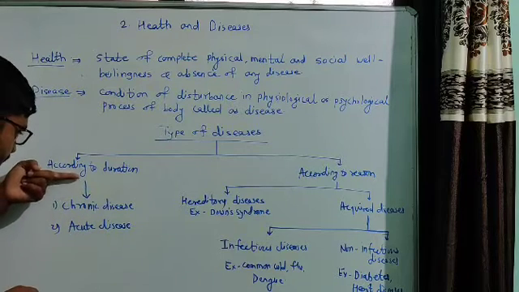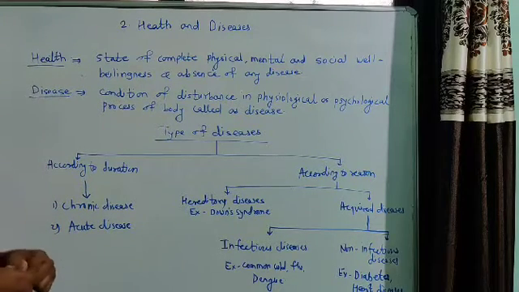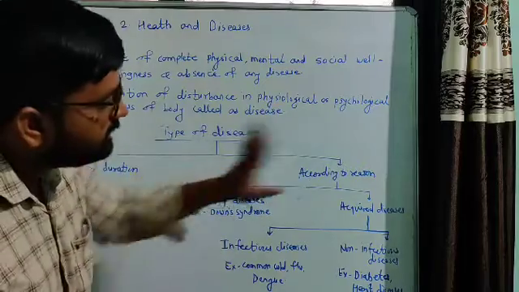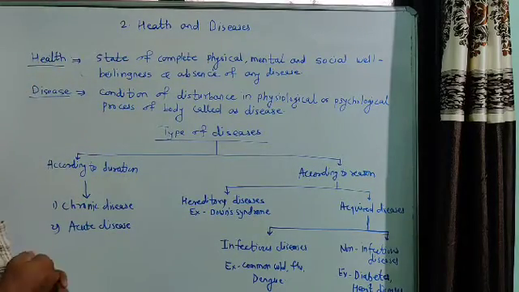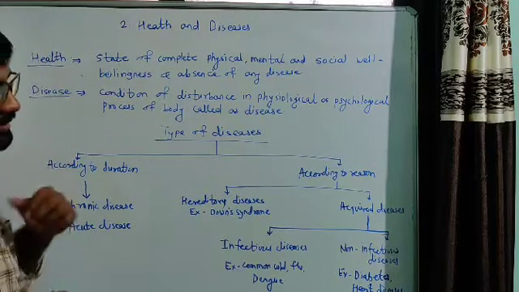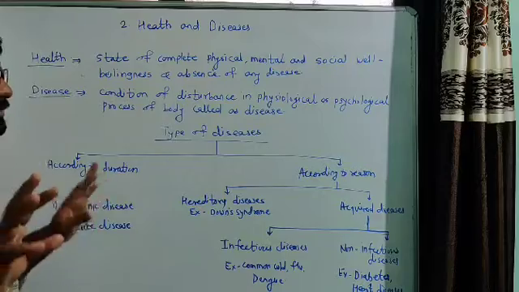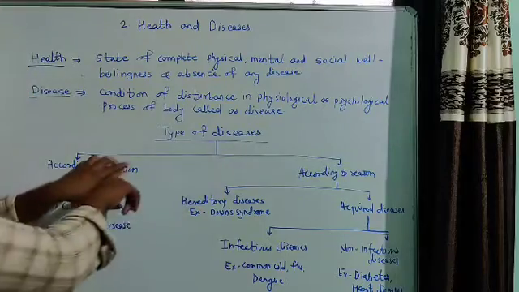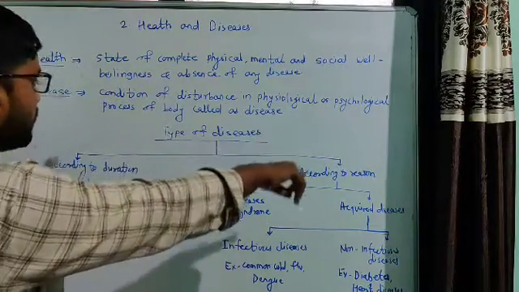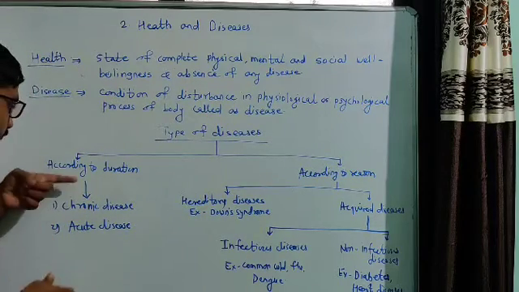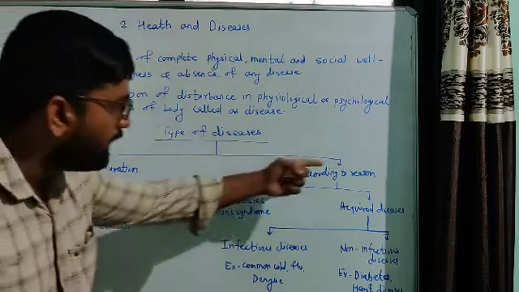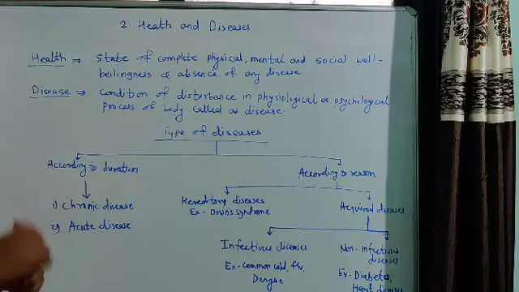So the first type of disease is according to the duration and second is according to the reason. We know various reasons are present for disease, okay. We will see that later, but first how diseases are divided into the two main categories.